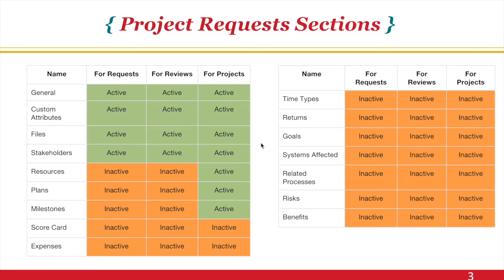In the future, we have the ability to expose various sections, such as the scorecard, returns, benefits, risks, expenses, in any of the desired stages: request stage, review stage, or active project stage.